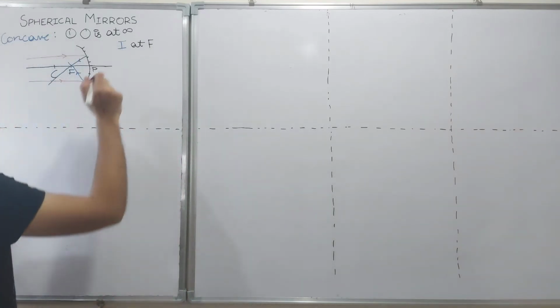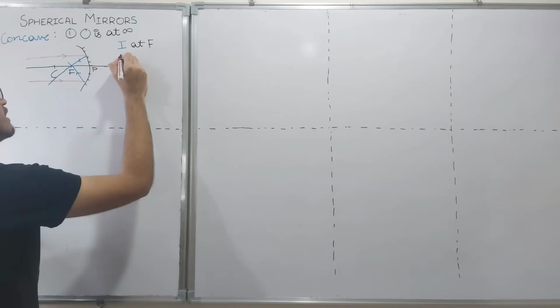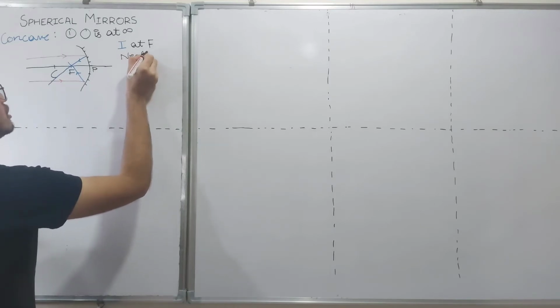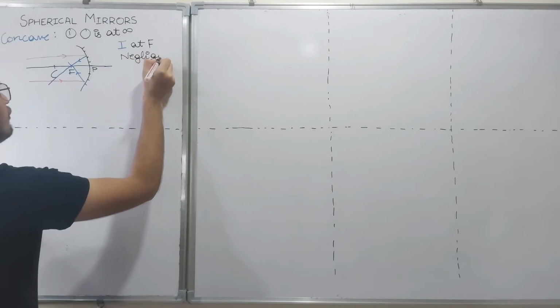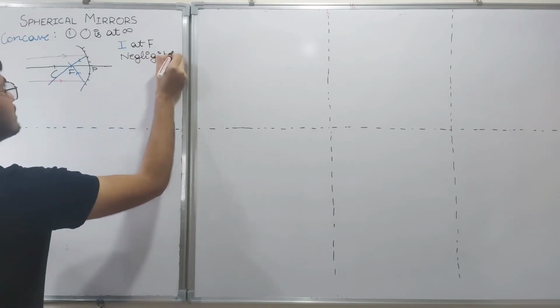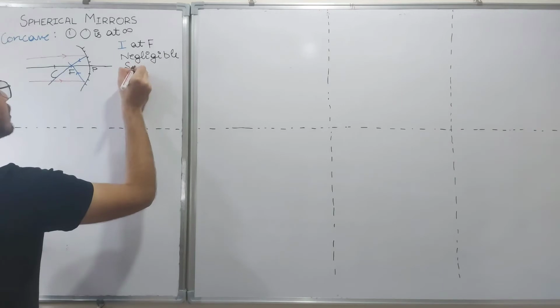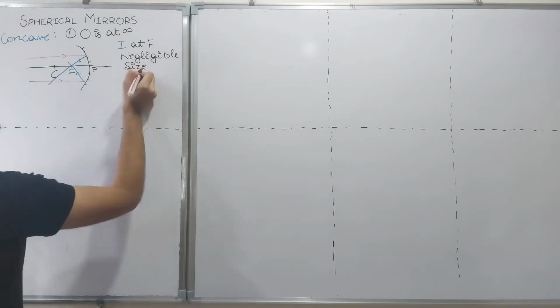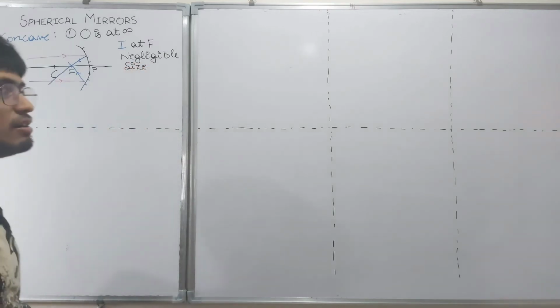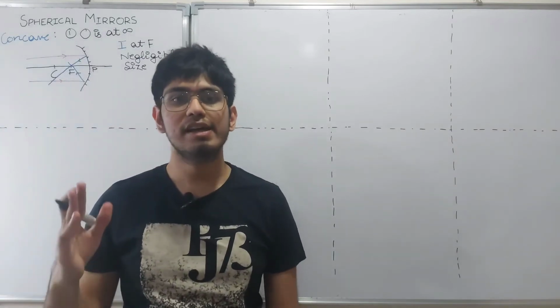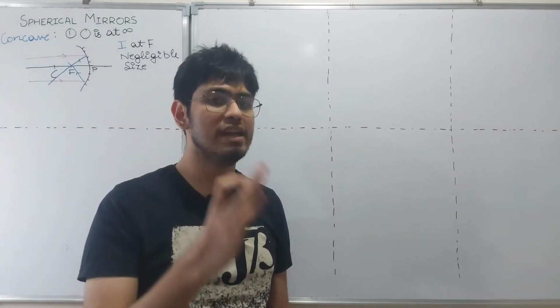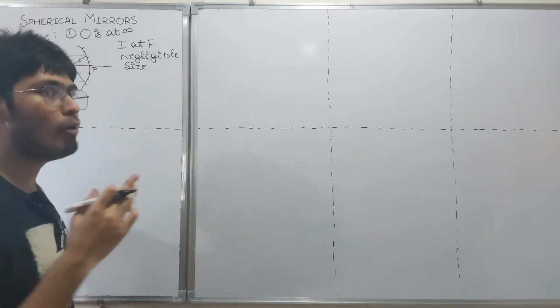The size of the image is basically negligible, or very small size. And the property, its nature: the image being formed is real as well as inverted.